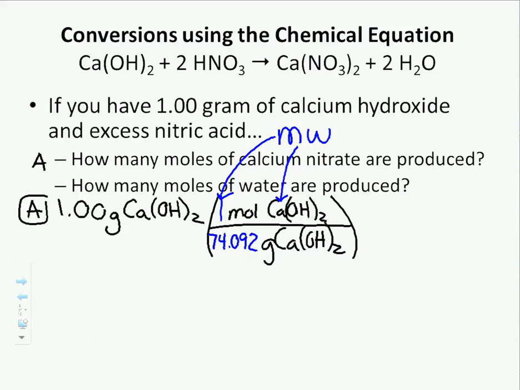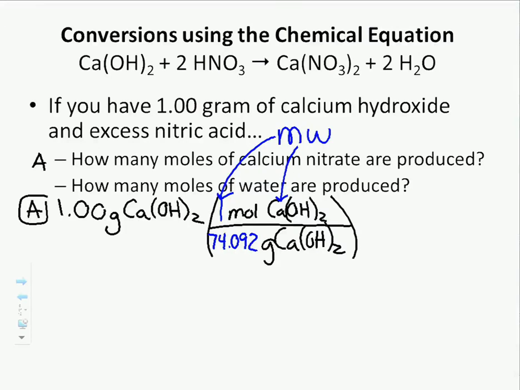Your number never goes with the mole, and it's never different than 1. So don't let the fact that our molar ratios for our balanced chemical equation change confuse you from what you knew previously, that molecular weight is the number of grams per 1 mole. Let's keep going. So we converted from grams to moles.